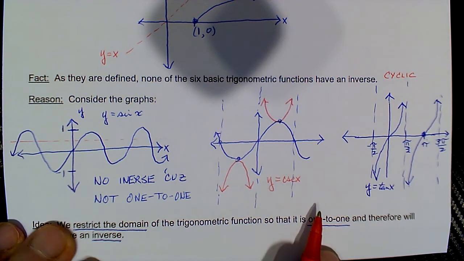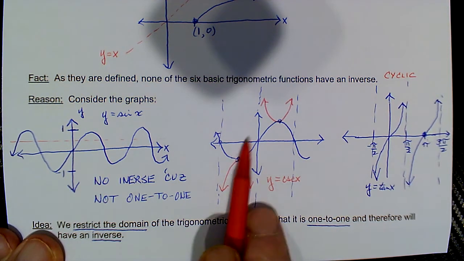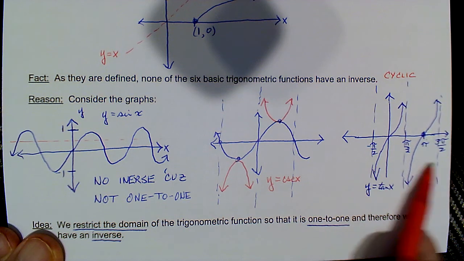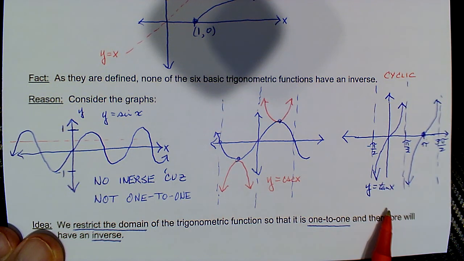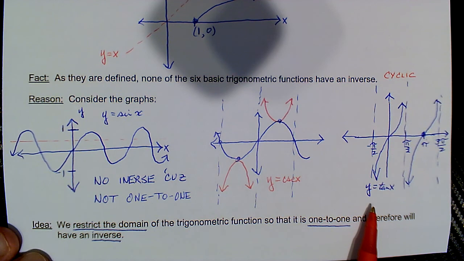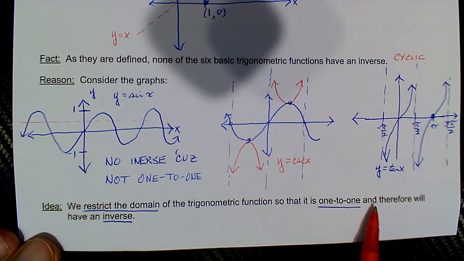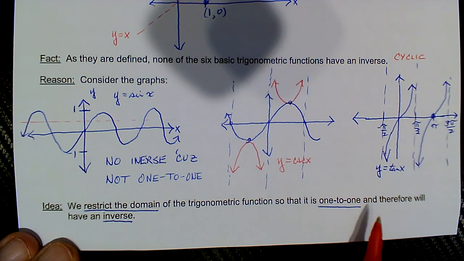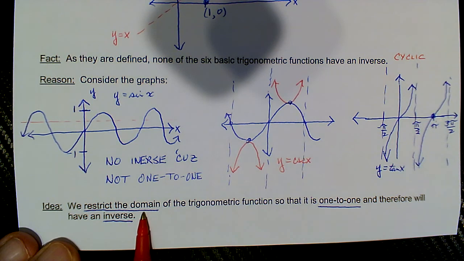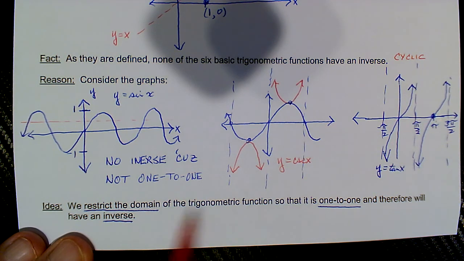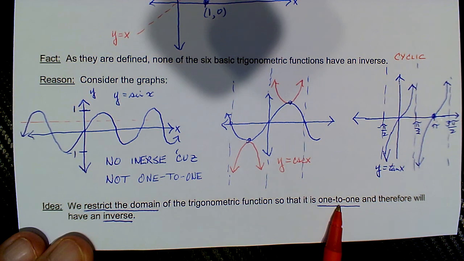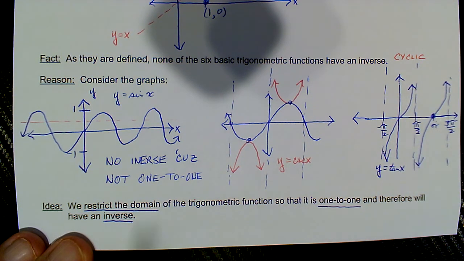And since they repeat themselves, horizontal lines, as you can see, hit them in an infinite number of points, no matter what trig function we're talking about. So in order to define the inverse trig functions, what we do is we restrict the domain, and if we restrict the domain so that the trig function is one-to-one, by our theorem, it will then have an inverse.